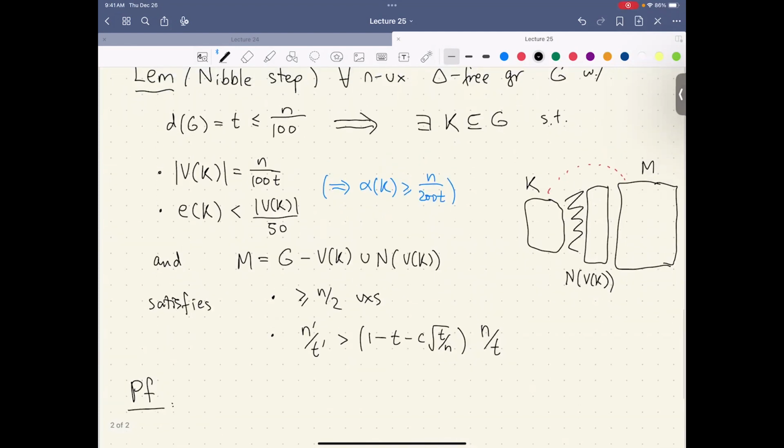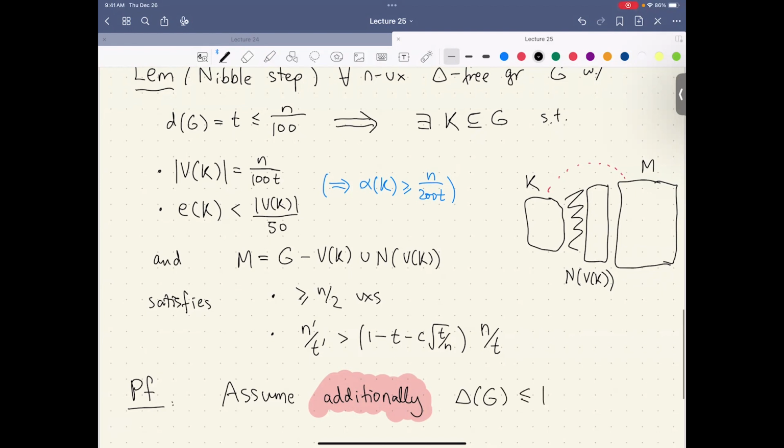First, let's make an extra additional assumption, which we're going to remove at the end of the proof. Let's put a maximum degree condition on our graph G. Let's assume that our graph has maximum degree 10 times the average degree t.